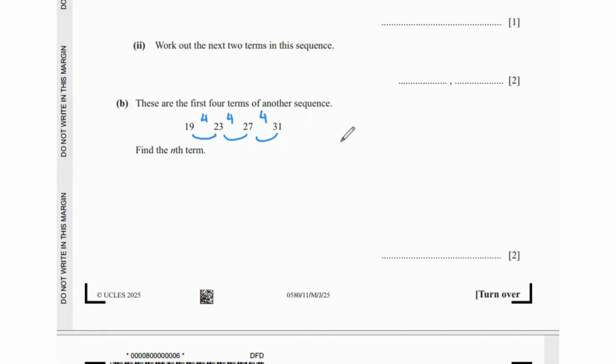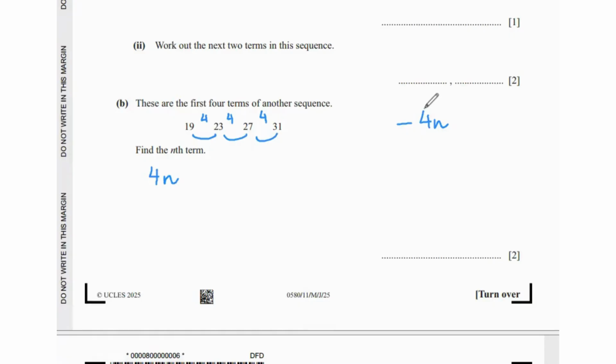So whatever the common difference is, if it's being added, that means we write 4 times n. If it was being subtracted, you would write negative 4n. Once again, if the sequence is increasing in size, that means each consecutive term is being added by a common number. So that common number is multiplied to n for the nth term.